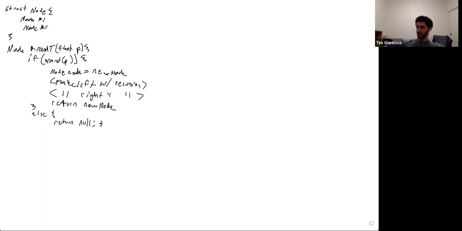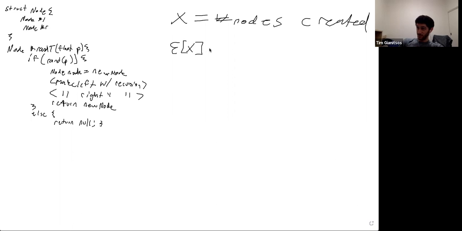But the branch left and branch right is its own invocation of the same function. So any ideas on how to approach this? The question asks, X is the number of nodes created, and it's asking us to evaluate the expected value of X. Any ideas?